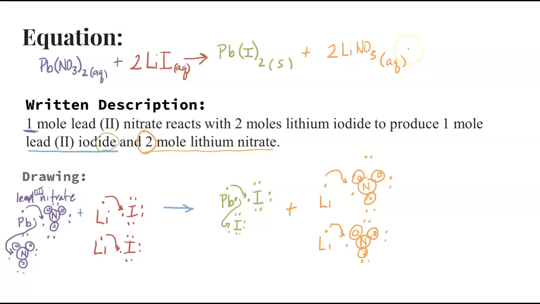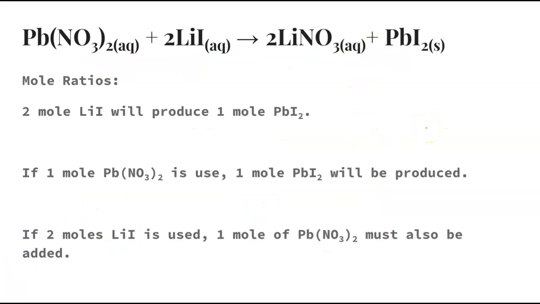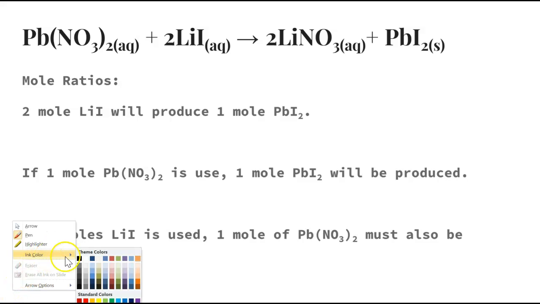All right, so you will notice that writing the equation is always a lot more work than actually being given the equation and writing the description, because you have to remember to do the drawings so you can get an accurate chemical formula. So now let's take a look at these ratios, okay?